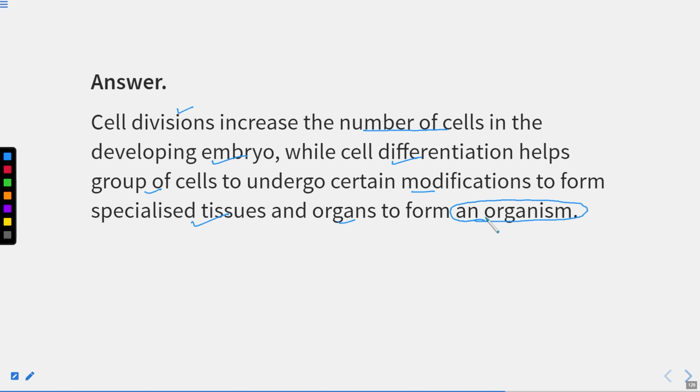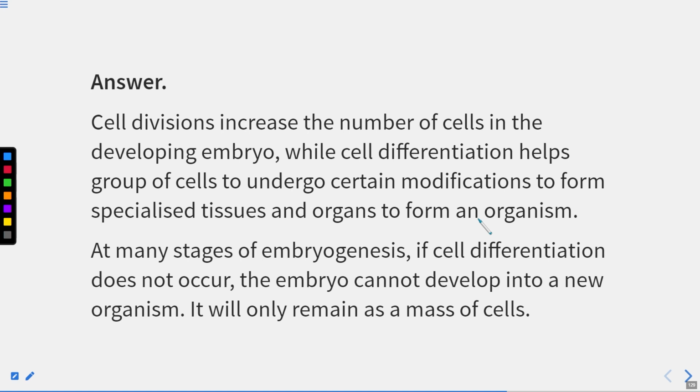Alright, that's why cell differentiation is very important. Because of cell differentiation, specialized tissues are formed, and tissues will aggregate together to form what? Organs. Okay, and organs will ultimately combine to form organ system, and then finally it will form the entire organism. So this is the importance of cell differentiation.